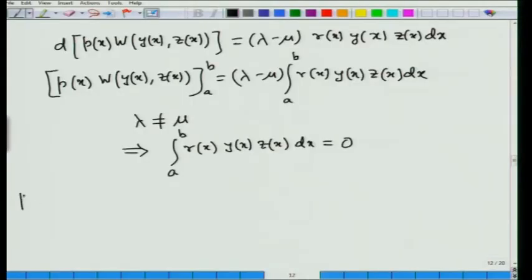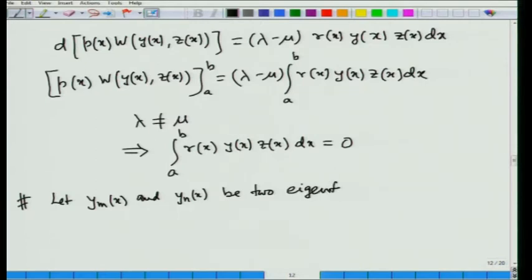So, in order to prove this, first of all we are going to prove this result: let y_m(x) and y_n(x) be two eigenfunctions of the Sturm-Liouville boundary value problem.